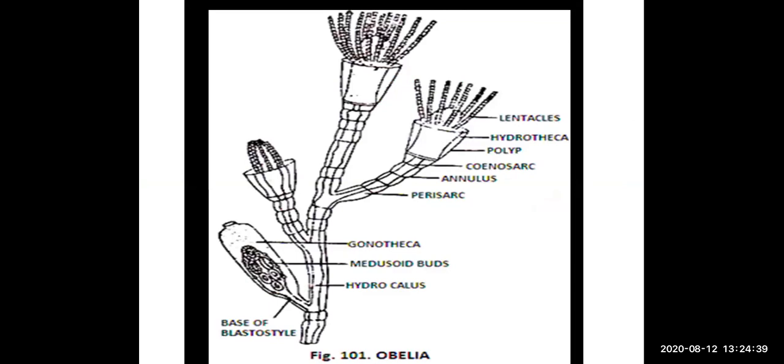So, Obelia colony and medusa. Structure of a polyp. Polyps are nutritive zooids in the Obelia colony. They are yellowish, cylindrical and sac-like, resembling a miniature hydra.